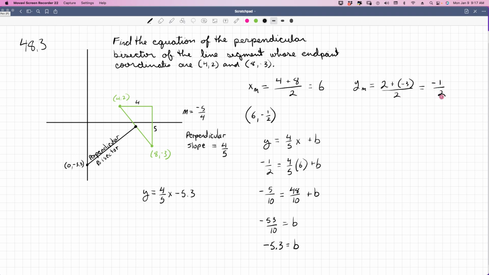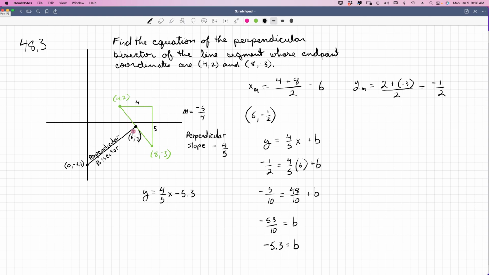So it's going to be negative 1 divided by 2, or negative 1/2. So we would find that point on this line. It's right here. 6 and negative 1/2. If you look, it's exactly where it's supposed to be. So 6 and negative 1/2 is our midpoint of this line.